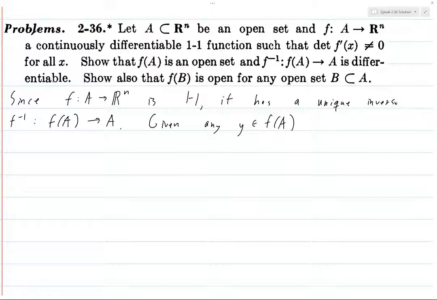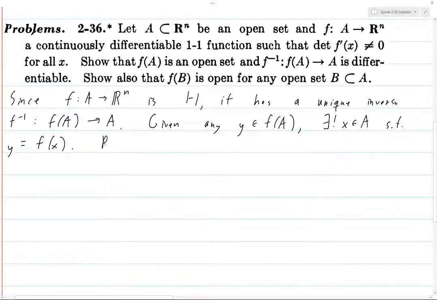So given any y in f of A, we know that there exists a unique x in A such that y equals f of x. The existence of such an x is guaranteed by the definition of f of A, and the uniqueness comes from the fact that f is invertible. If it wasn't unique, then you wouldn't be able to invert f, because f inverse of y would not be a well-defined function.